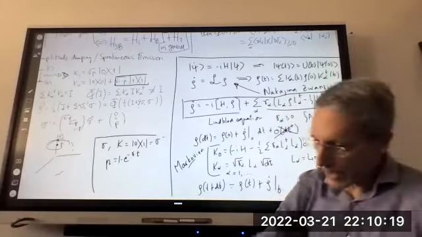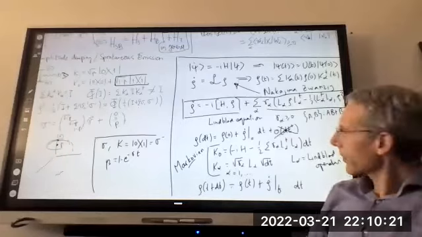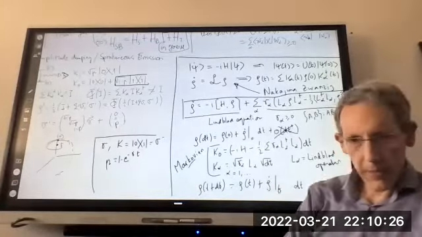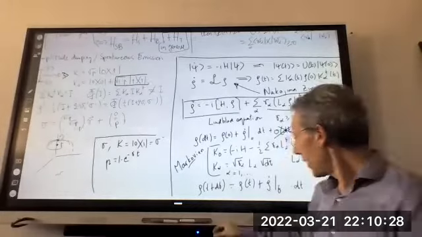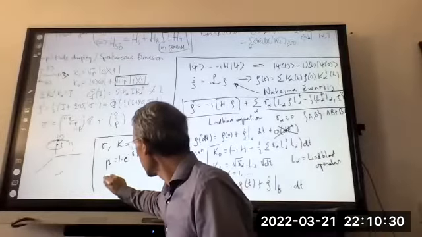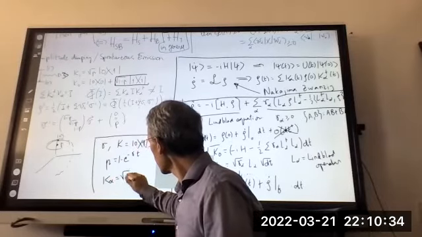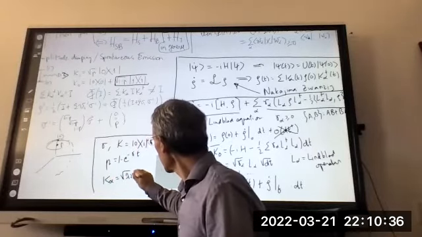Now, in turn, you can always construct Kraus operators from the prescription that we know, right? The prescription that K alpha is square root lambda nu matrix element.